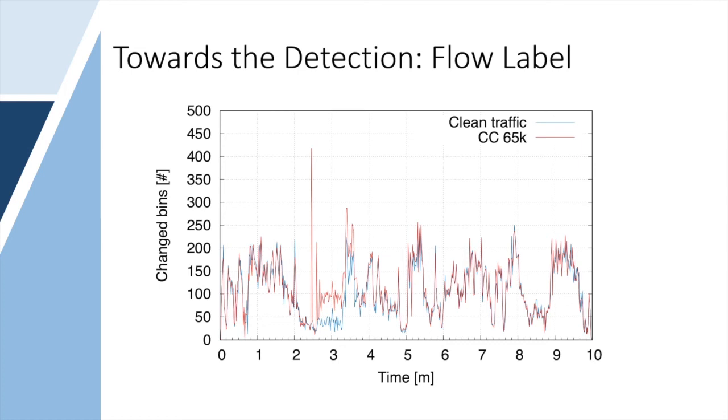So when an attacker uses this field to contain secret information or an attack, the number of changing bins can change too much, revealing the presence of anomalous activities, as shown in this chart. For this case, the metric can be directly used for the detection of covert channels.